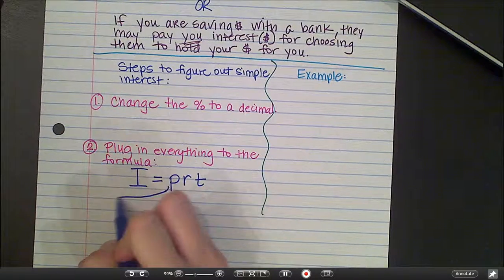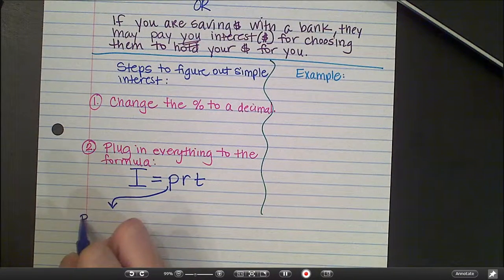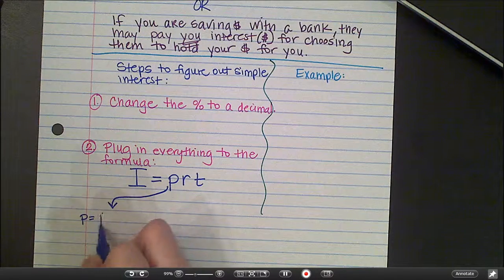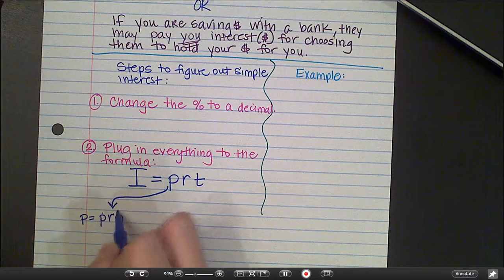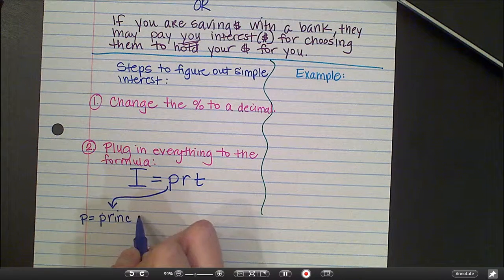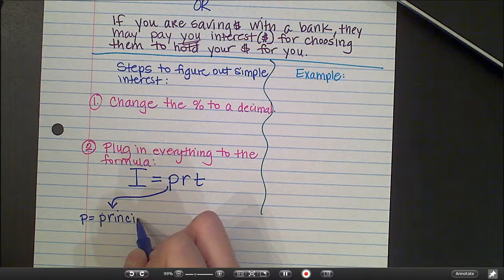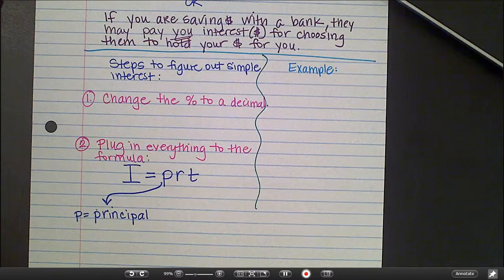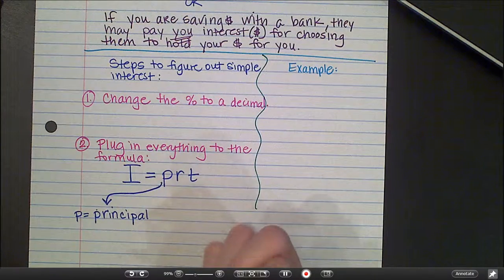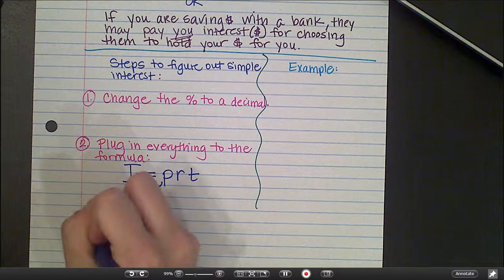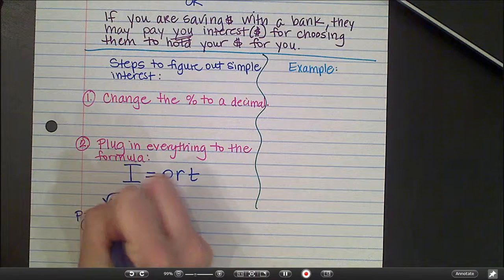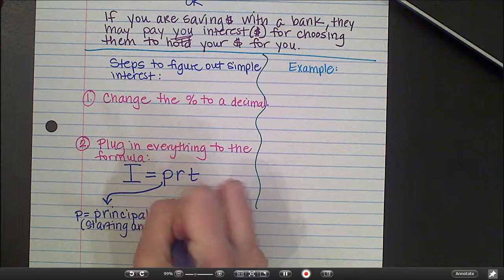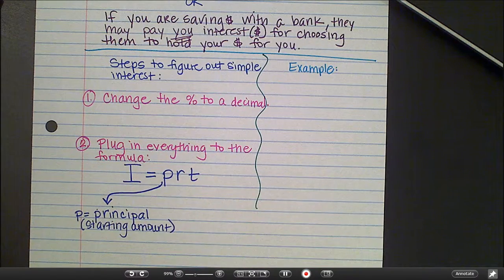The P means principal, sorry. Now the principal is what your starting amount is. We're going to put that in parentheses. It's just the amount that they give you that you're starting with, okay?